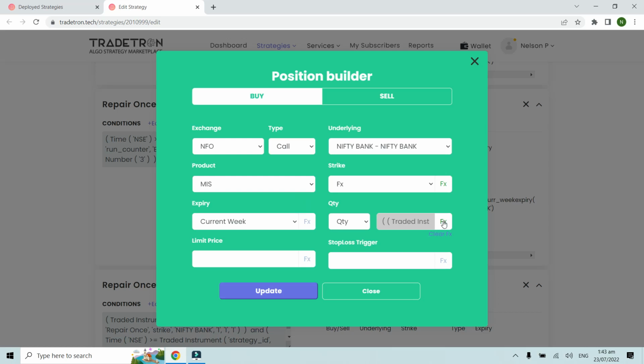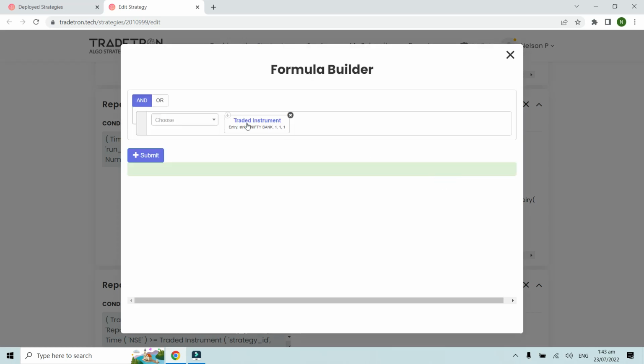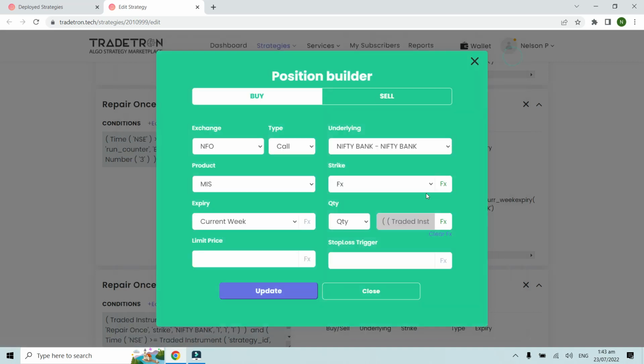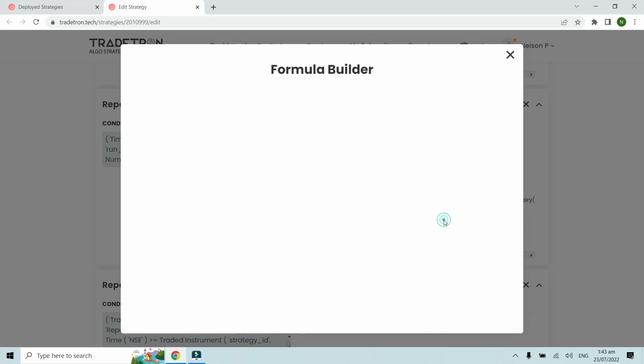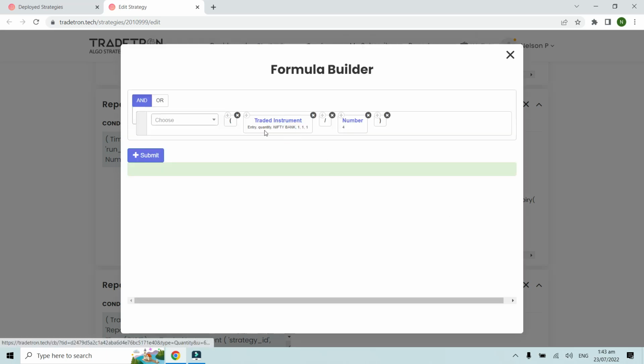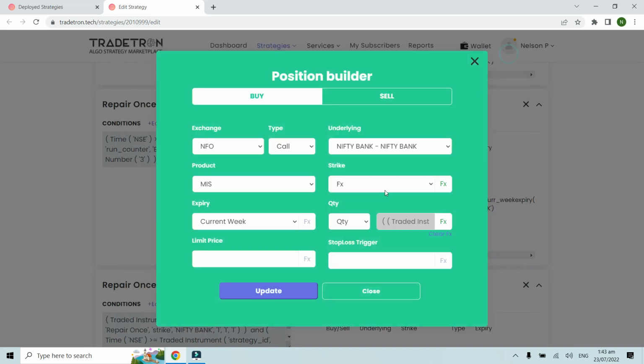We select strike fx, strike 111, similarly to what we did in the previous strategy. Then we go into quantity, which is also divided by 4. So the 8 lots that we have sold, divided by 4 would be 50 quantity, that is 2 lots. That is what will get squared off over here.